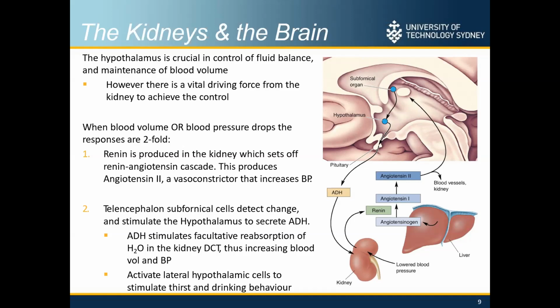The lateral hypothalamic cells play a role here to stimulate thirst and drinking behavior. So when you find yourself really thirsty and raiding the tap for a glass of water, you would know that this is due to the activation of these cells in the lateral hypothalamus.